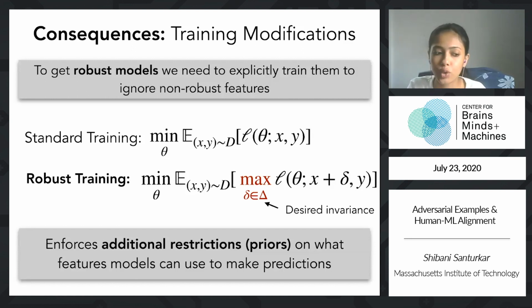For example, with Gaussian noise augmentation, you'd sample noise randomly, add it to your data point, and then train on that. Whereas this is different: note that if the max was randomly sampling from that perturbation set, it would be equivalent. The difference is the max, because the worst case in high dimensions can be very different from the average case.